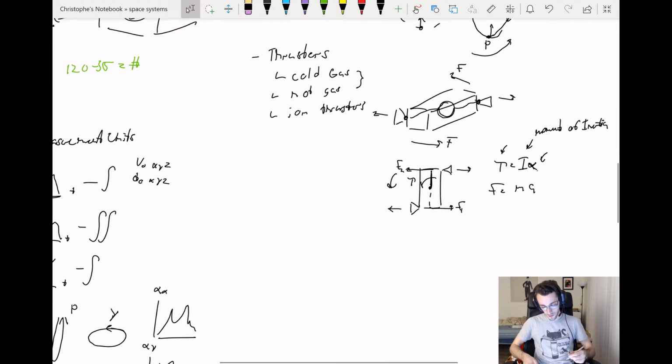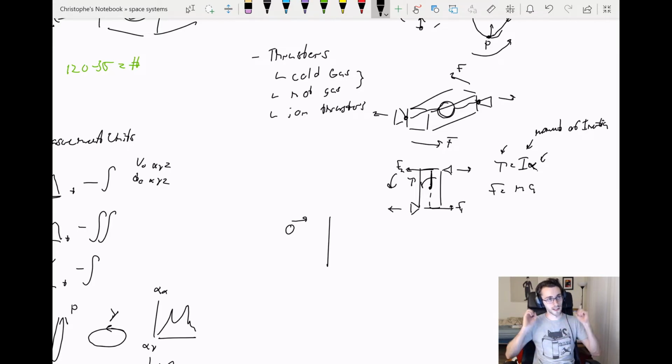Ion thrusters are a little bit more complicated. They basically work by charging different particles with a certain electric potential and then passing them through an electric field and accelerating them out of your spacecraft. So they basically just have an electric field moving in this direction, and they give a positively charged ion.